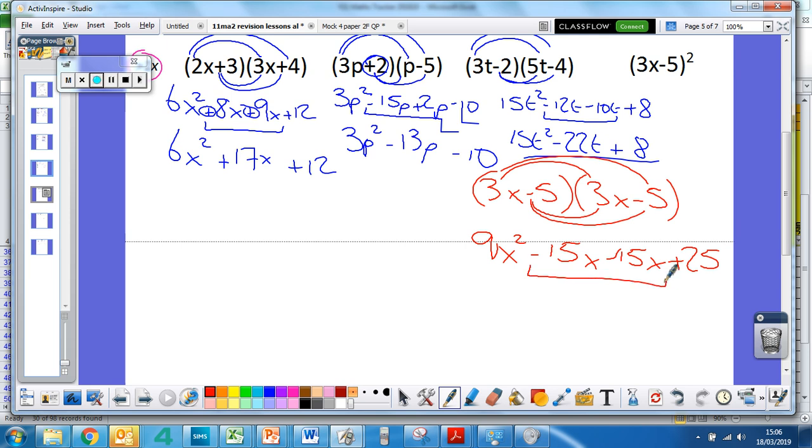So the 9x squared remains. The plus 25 remains. The middle is negative 15. Down by 15 takes you to negative 30x. And that would be your final answer if you were paying close attention.